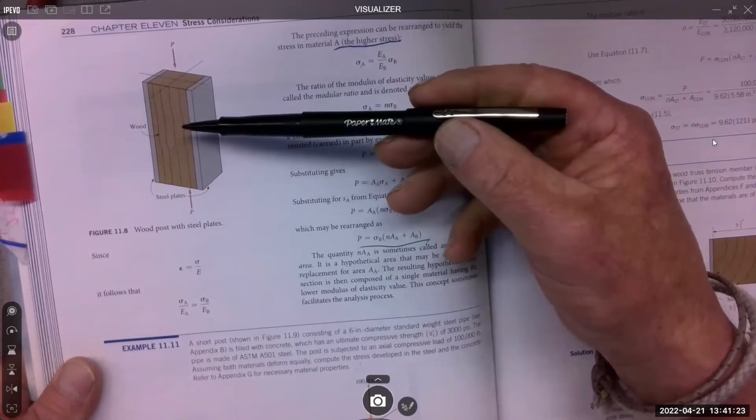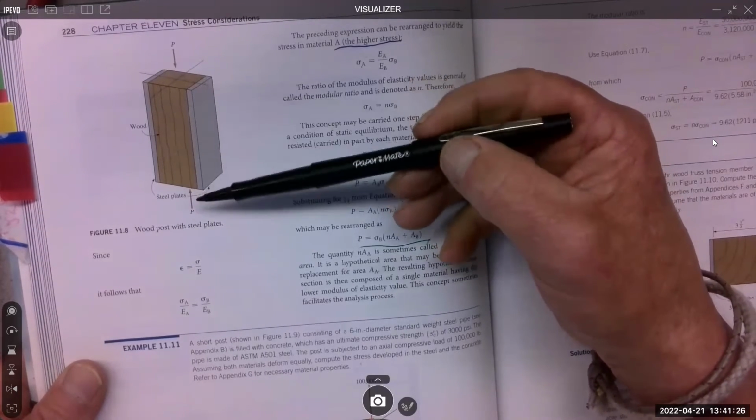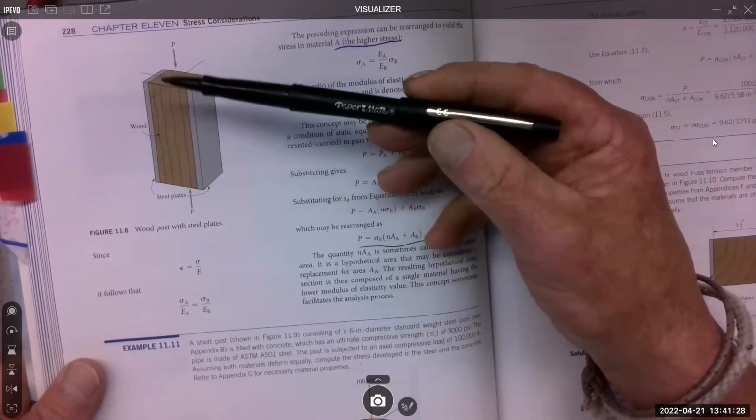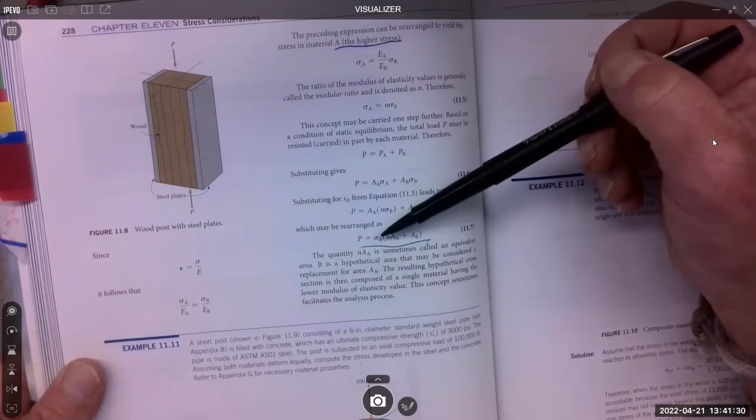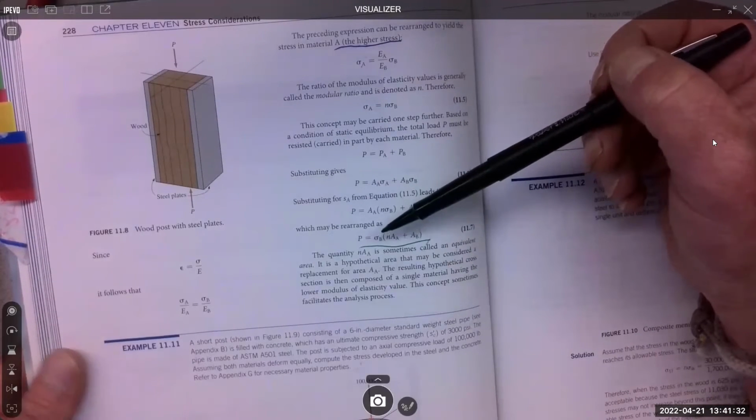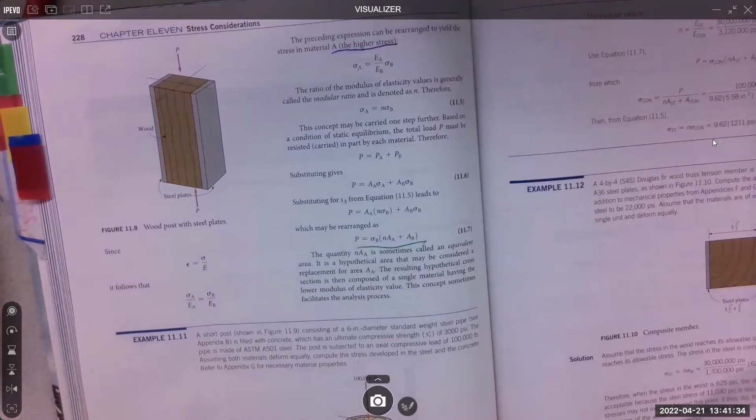We'd look up the stress of wood, probably parallel to the grain, and put it right in there. It makes sense: the limit of this load is going to be stressing that weaker material out. The stronger material is going to be fine. The weaker material is going to get maxed.